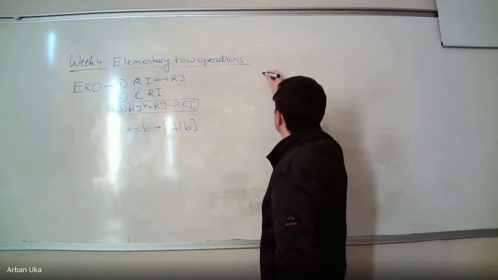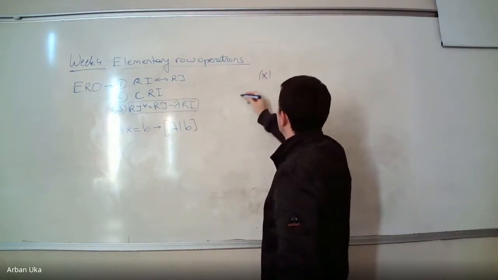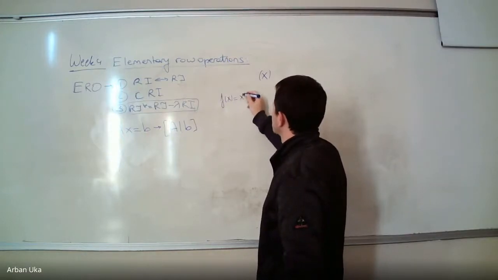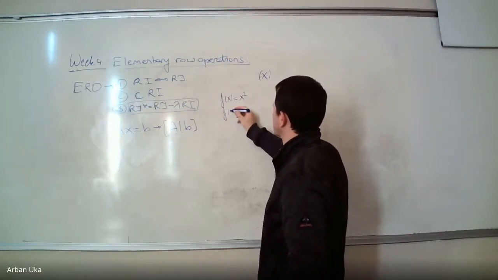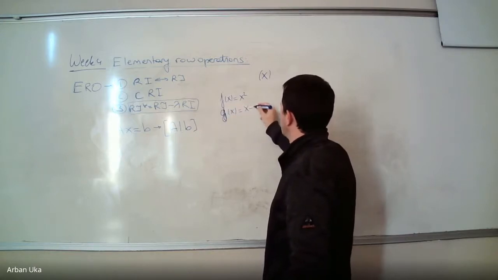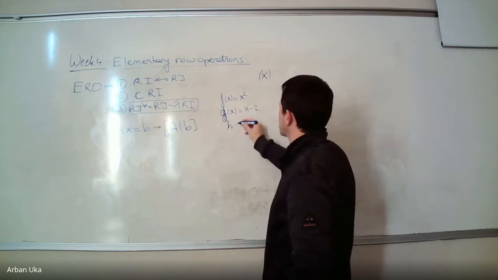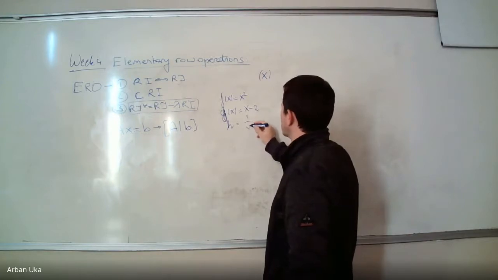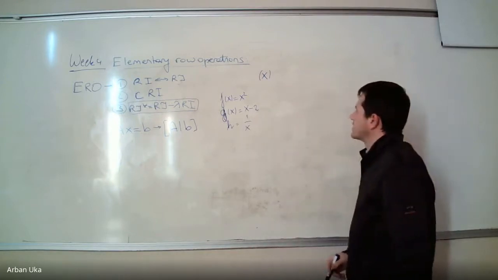Let me give an example. You have a function f of x equal to x squared, g of x equal to x minus 2, and h of x equal to 1 over x. So let's assume we have these functions.